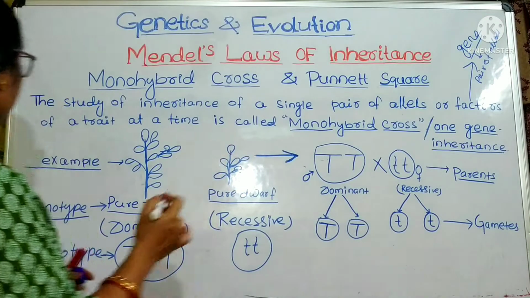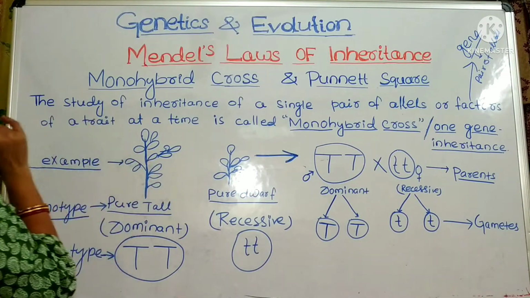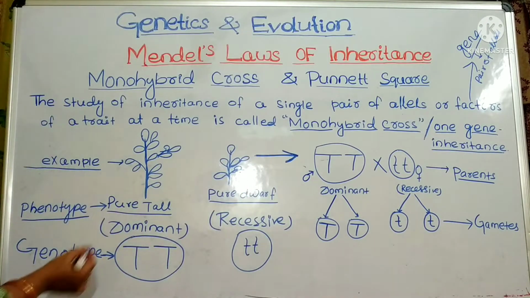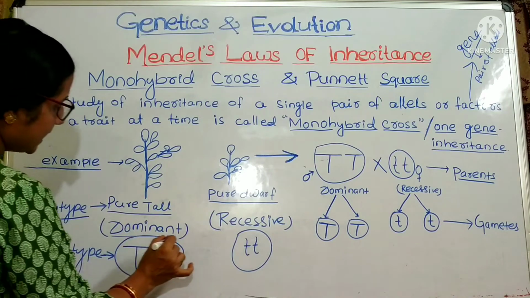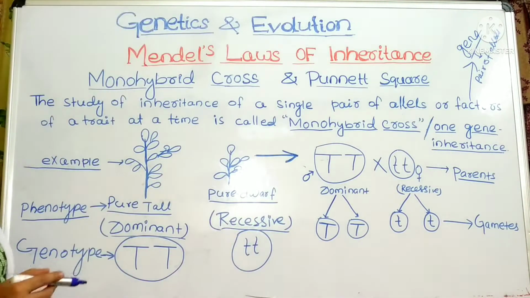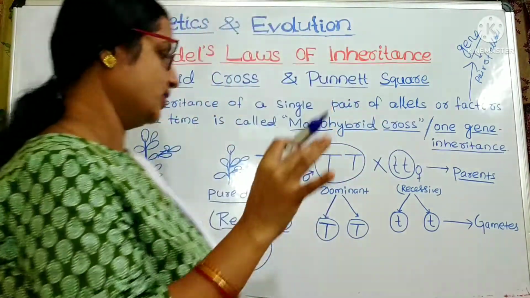Here, pure tall is dominant and pure dwarf is recessive. What is dominant and what is recessive we have already discussed.